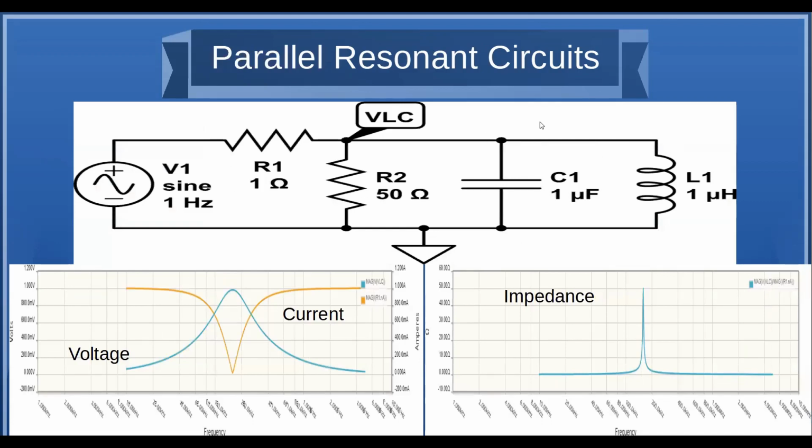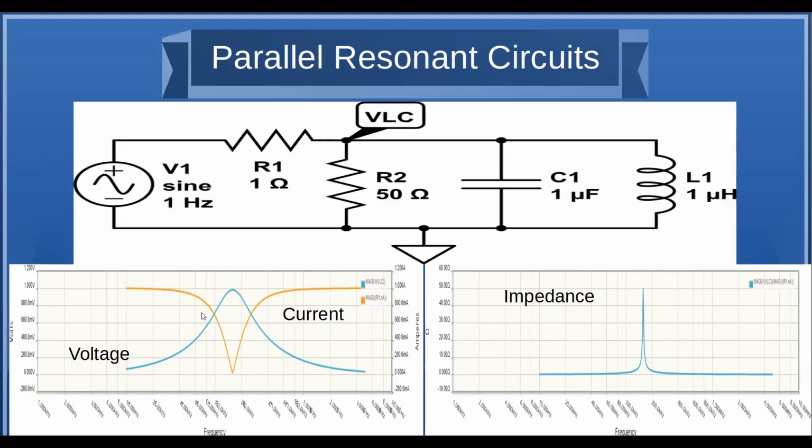Okay, this is a parallel circuit where the inductor and capacitor are in parallel instead of series. And here we have the voltage across this combination, and it starts out at basically 0 or almost, and goes up to its maximum value where it's equal to the input voltage.